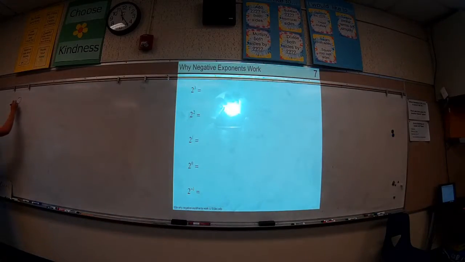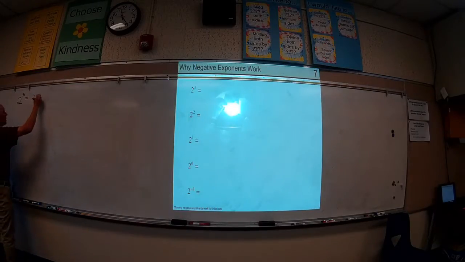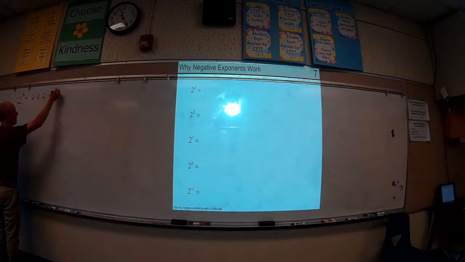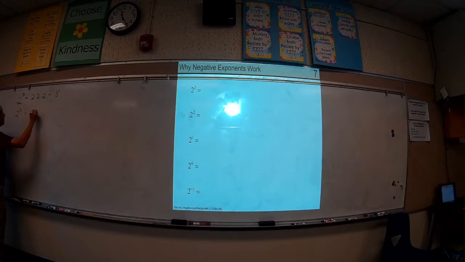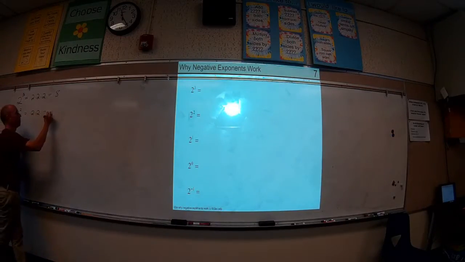So I have 2 to the third. What does that even mean? Chris, don't give me the answer, tell me what it means. Which equals? Beautiful. Good job, Chris. Jordan, 2 to the second is 2 times 2, which equals 4. Beautiful.